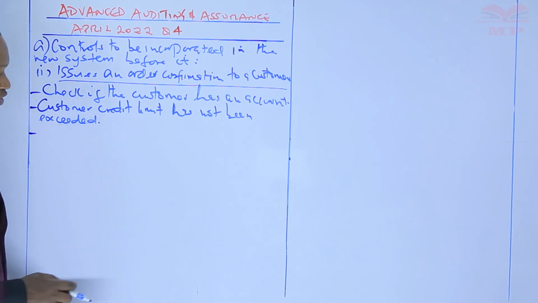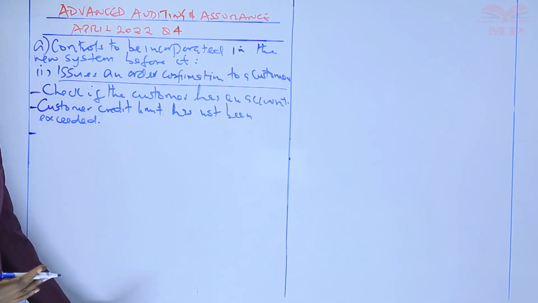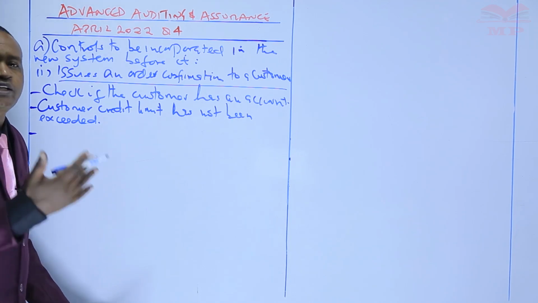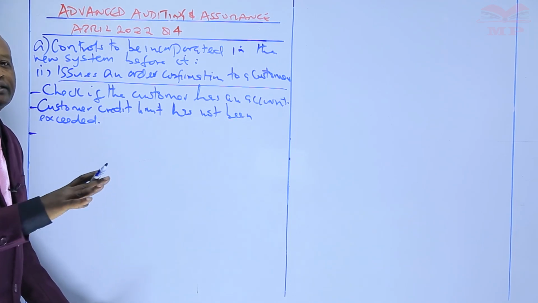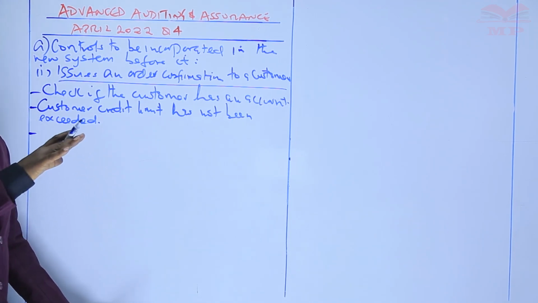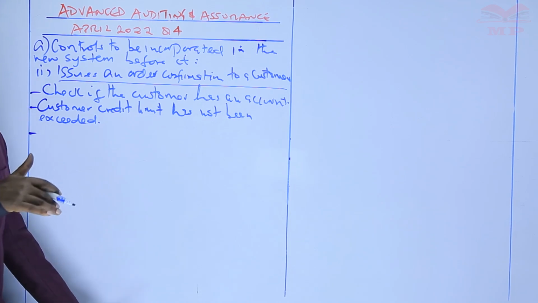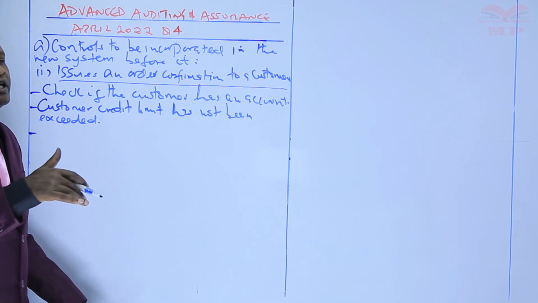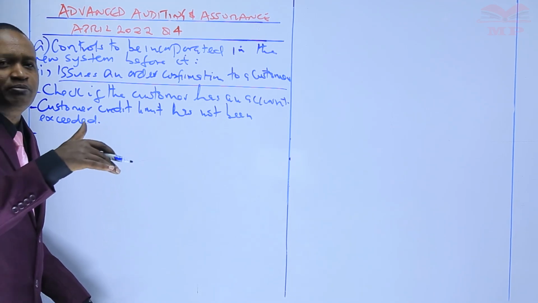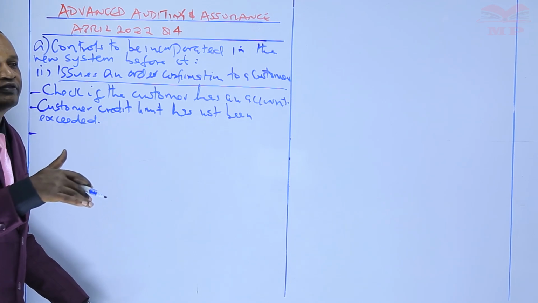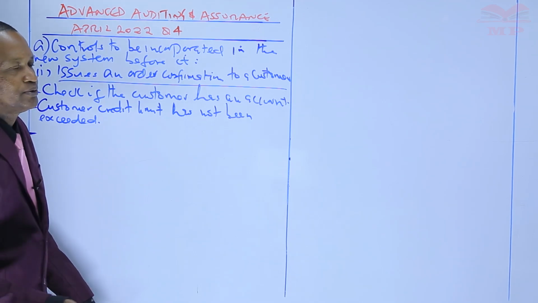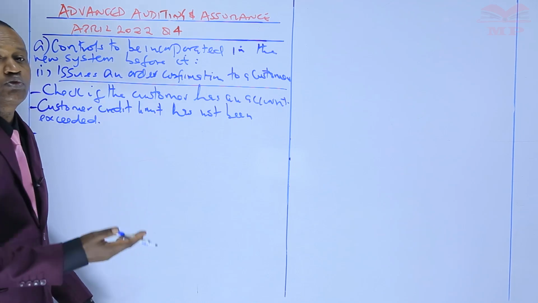Next important point is in relation to the selling price. It should check whether the selling prices are at the standard prices. And if there are any exceptions, then such exceptions should be authorized.